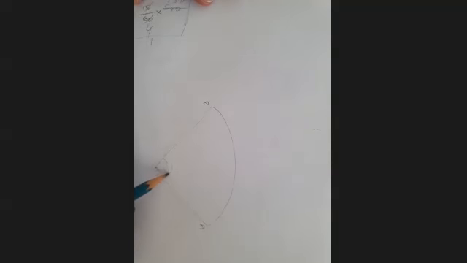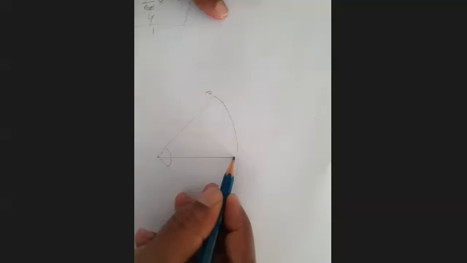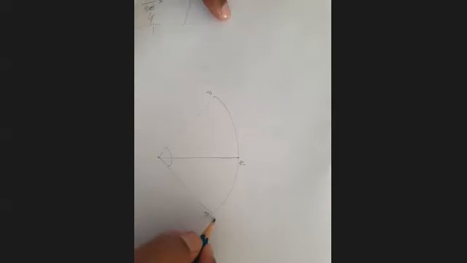You want to divide this into 12 parts. First, you bisect this angle. Next, you will get a bisecting line. So this will be the 6th point, and this will be the 12th point.